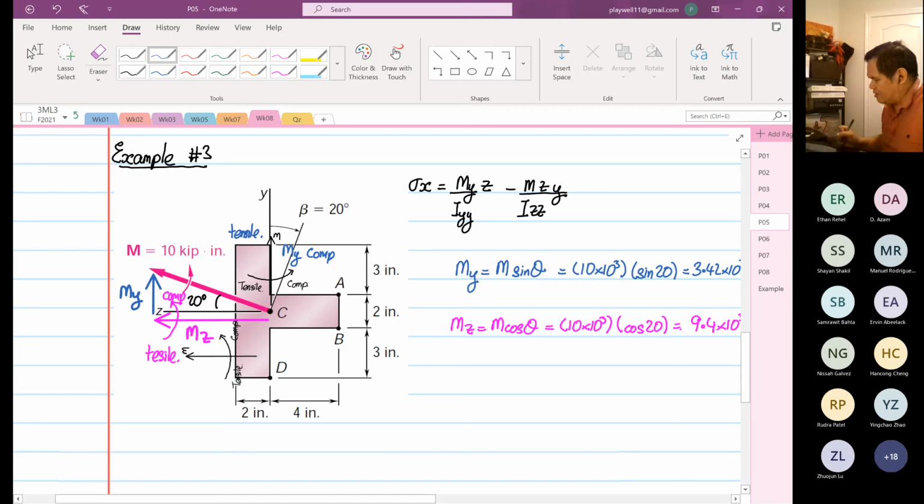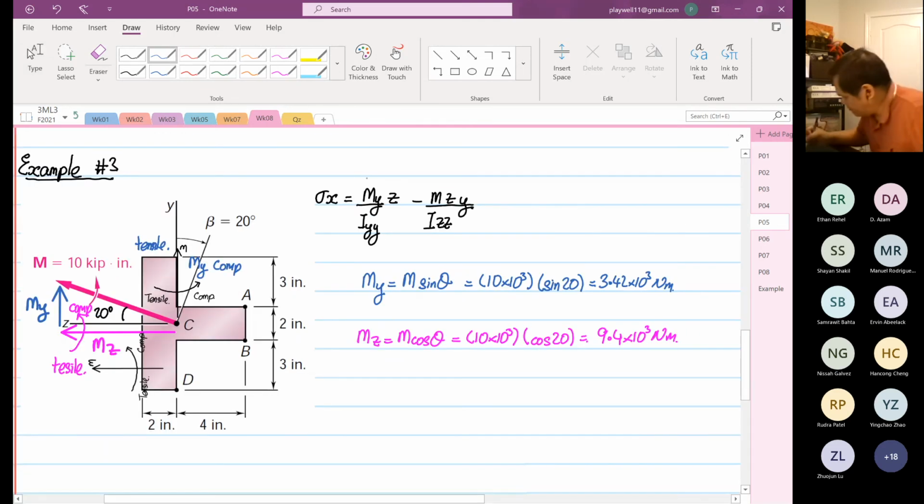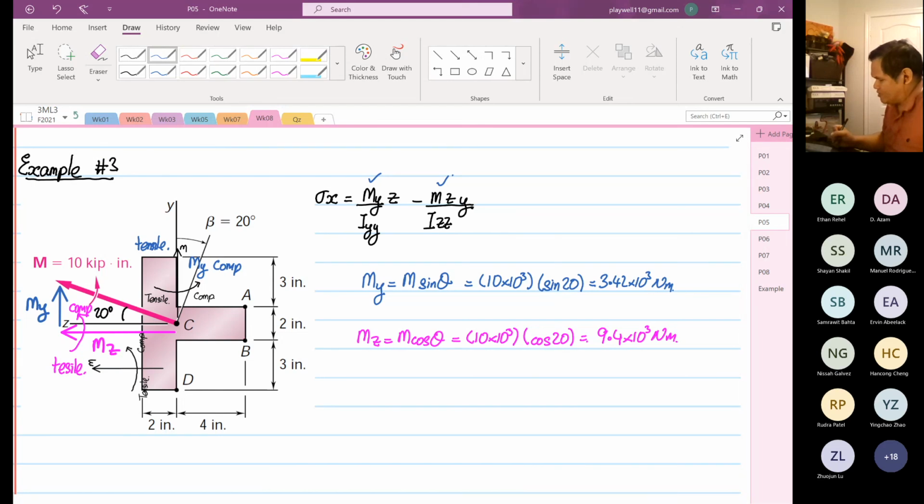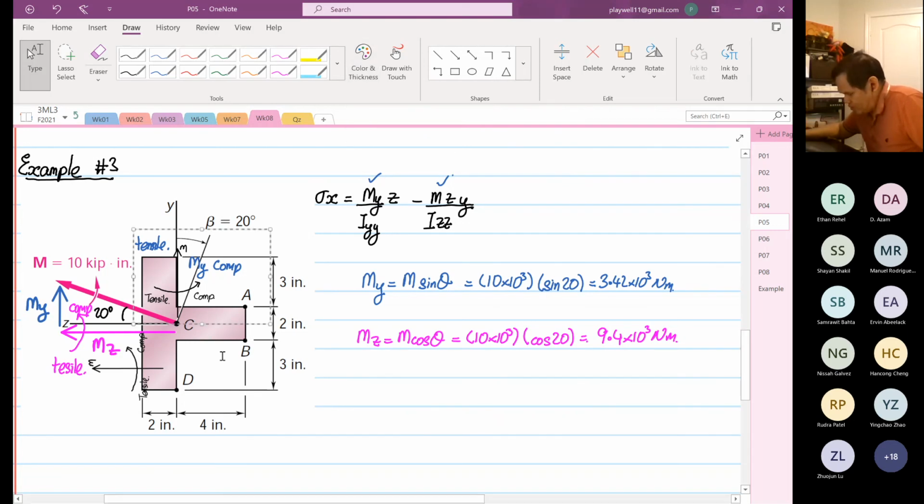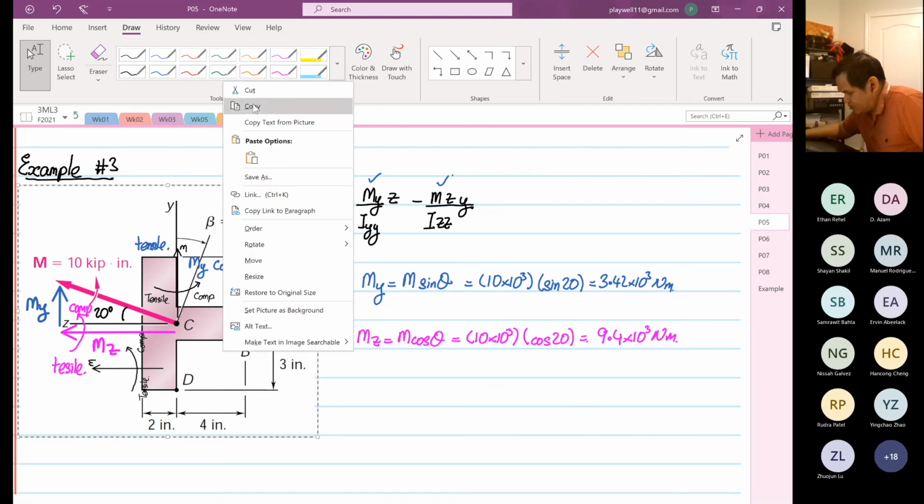Then the next confusing thing is what is Iyy and what is Izz. But you no need to worry, because I hope I taught you well how to find your Iyy and Izz.